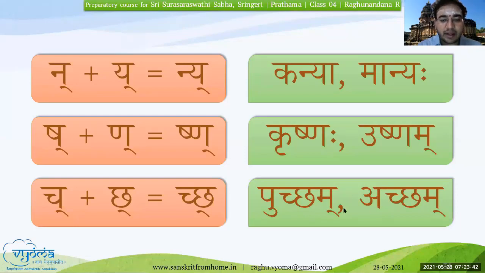Coming to the third example, Ch and Ch, the place of origin is the same for both. These are the palatals. While pronouncing any Samyuktakshara-included word, the letter before the Samyuktakshara will have to be stressed a bit more. Pucham. If you see, while I'm pronouncing, I'm not saying it as Pucham.